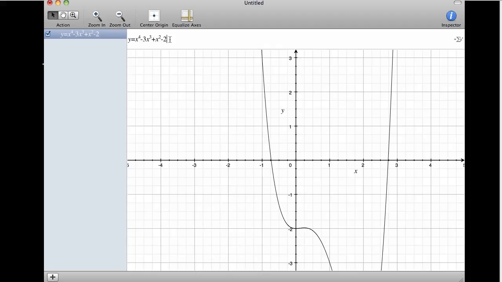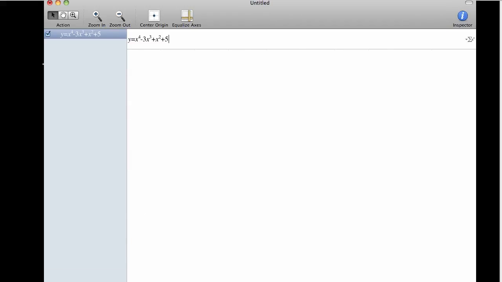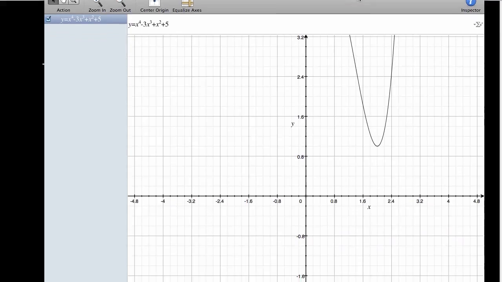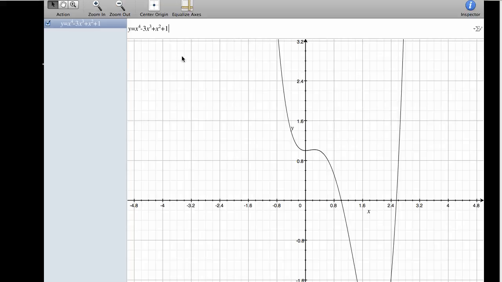And then, of course, I could put in plus 5, and you can't even see it here. Let me try to pull it down. It's still out of bounds. Make it a smaller number. Let's say plus 1. Okay, so here you see that, in fact, it crosses x equals 0 at y equal to plus 1.